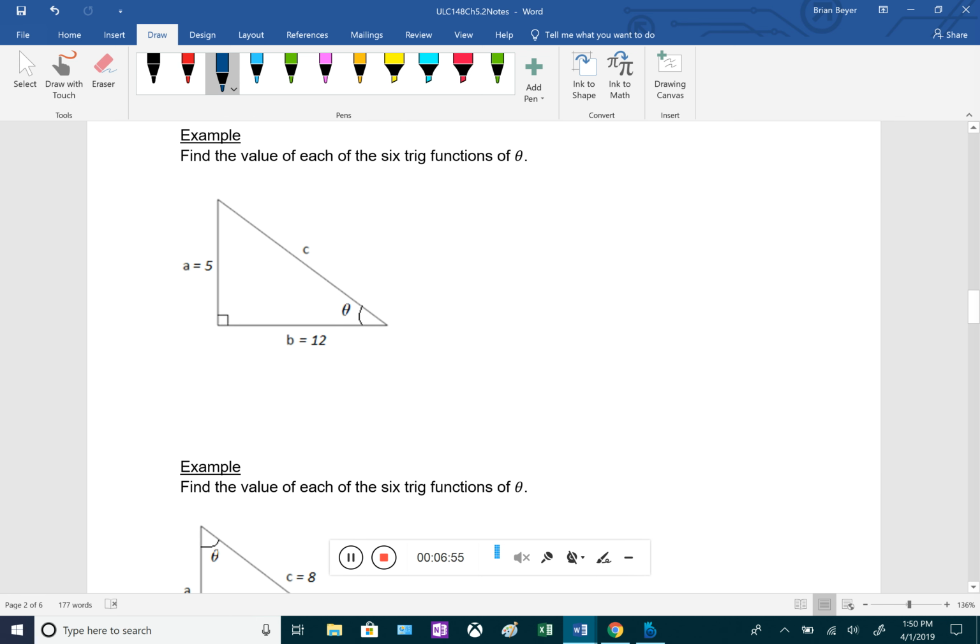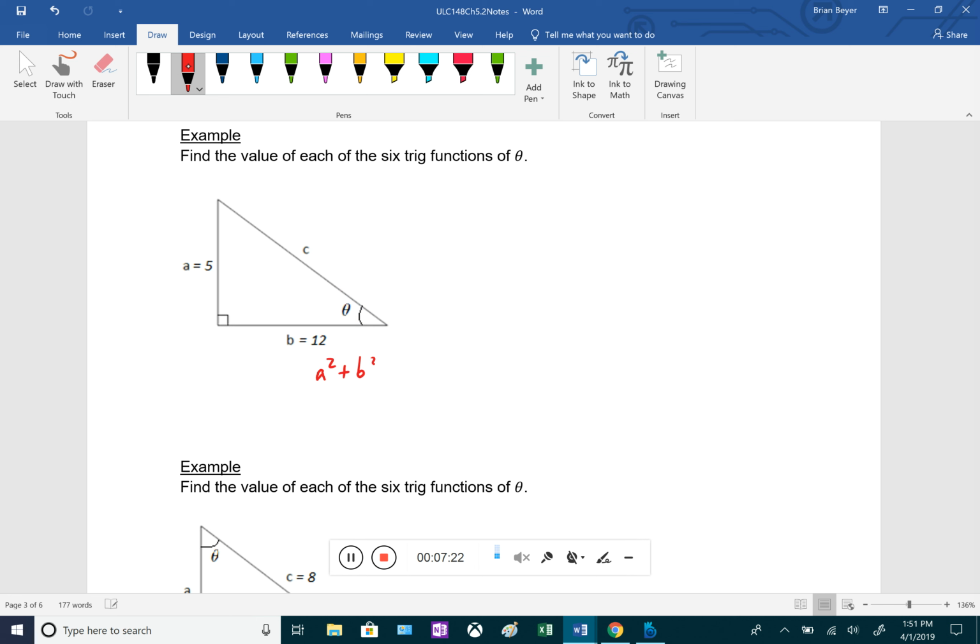Okay, so let's do an example with that same idea, but a little bit harder here. Find the value of each of the 6 trig functions of theta. So we want sine of theta, cosine of theta, and all of the rest of them. We have our theta right here. We do not have C. We have side A and side B, so we need to actually find side C. I'm going to find that down here.